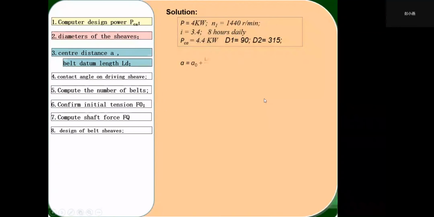So we modify the central distance, and we can obtain A. Use this to calculate. A0 we chose before is 500, and this is the standard value, and this is the calculated value.